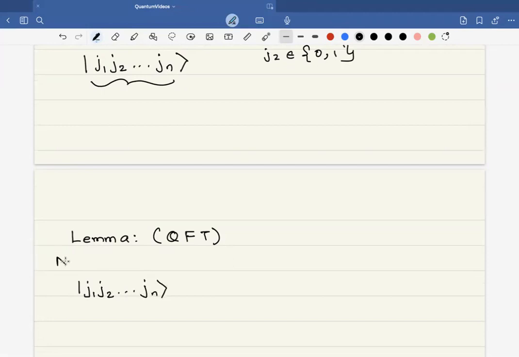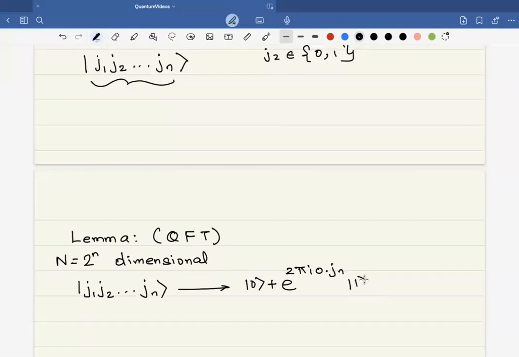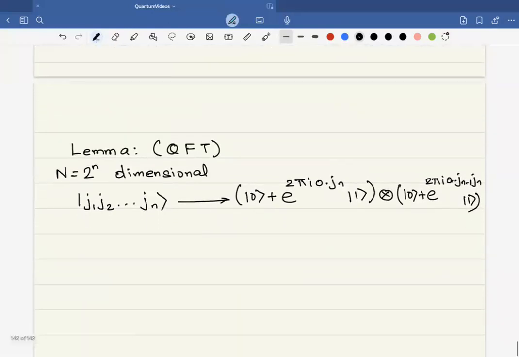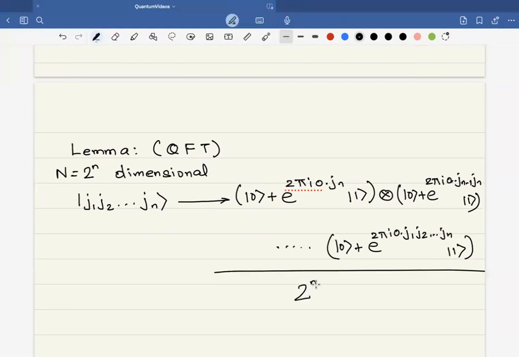So now we have an N equals 2^n dimensional Fourier transform, and this goes to (|0> + e^{2 pi i 0.jn}|1>) tensor (|0> + e^{2 pi i 0.j(n-1)jn}|1>), and then similarly, the last one is (|0> + e^{2 pi i 0.j1 j2 ... jn}|1>). And the whole thing is divided by 2 to the n over 2.